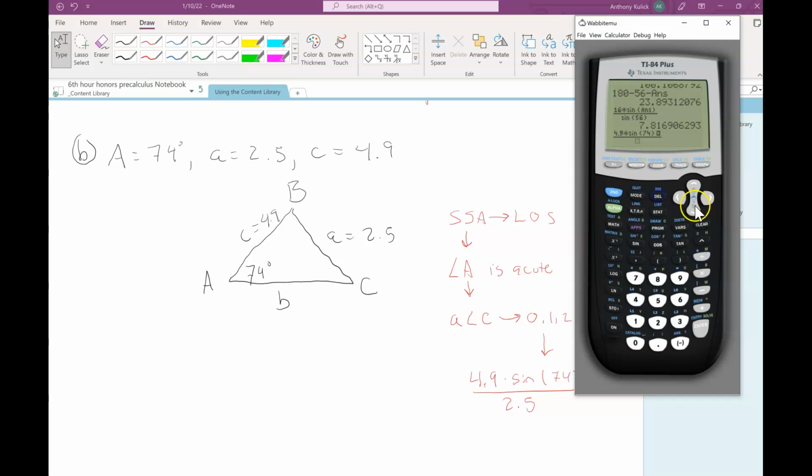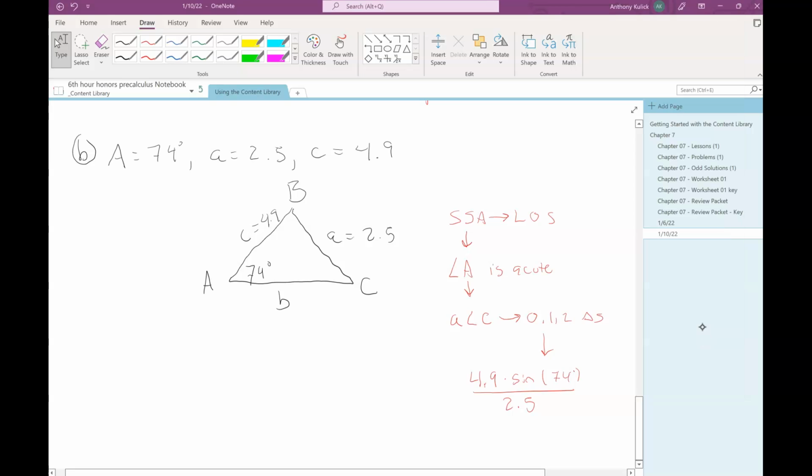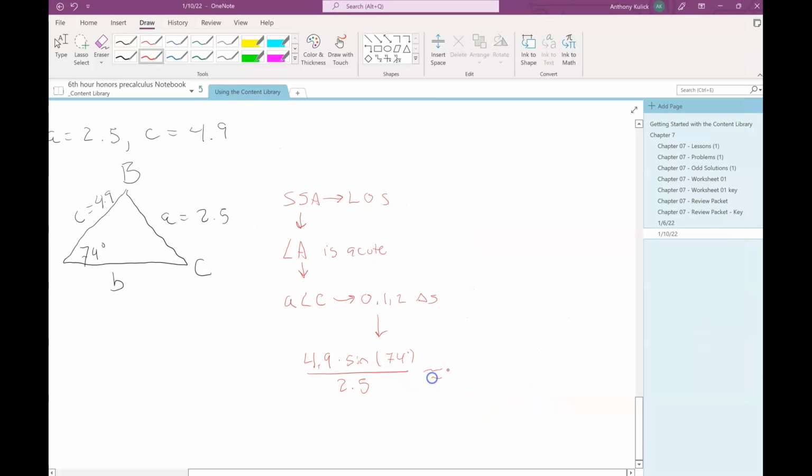And I get 188, or thereabouts. The point of that, though, is that I really just care that it's greater than 1, because what does that mean? No triangles are possible, so there's nothing to solve for, so I'm done with this problem.